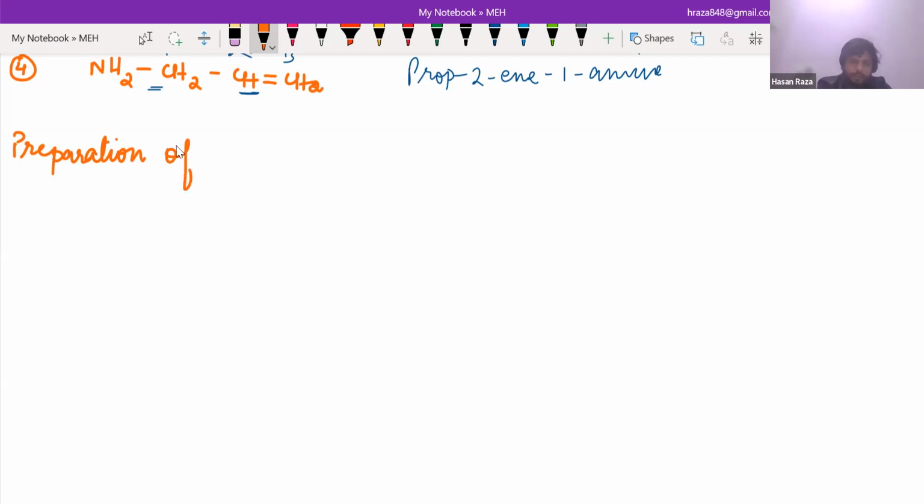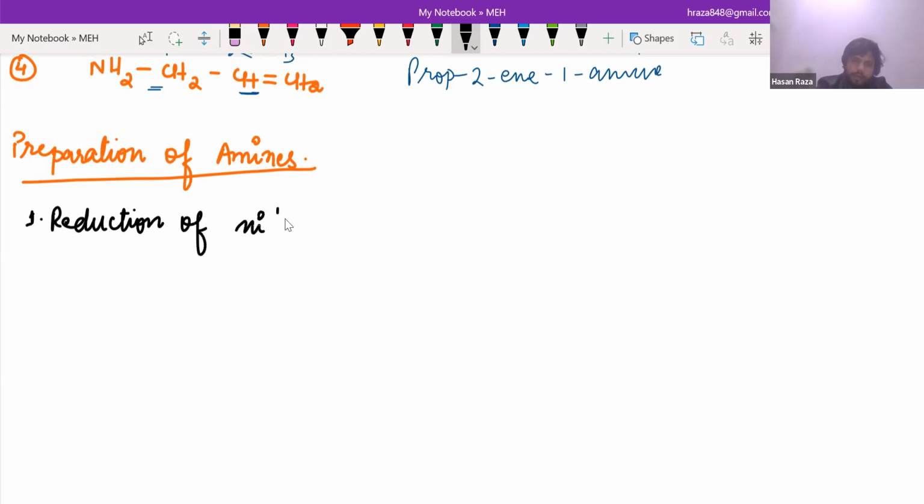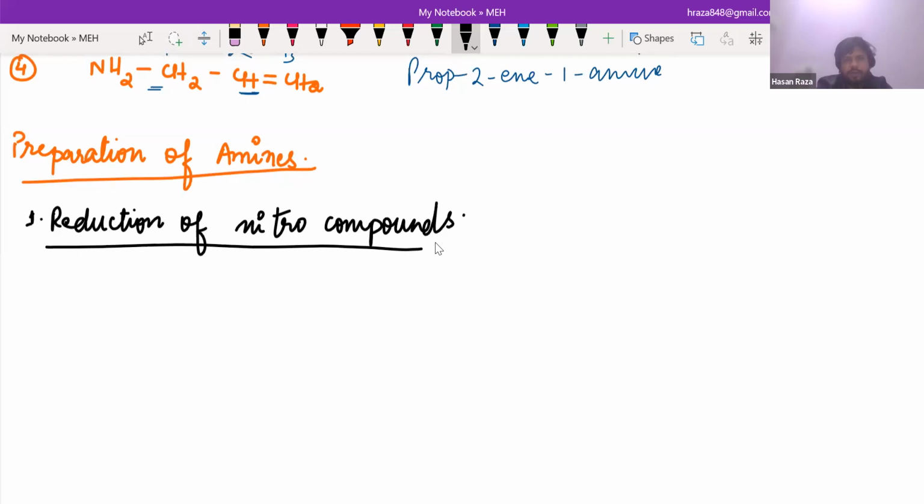Preparation of amines. Now see, the first one is reduction of nitro compounds. By reducing nitro compounds, you can easily prepare amines, and it's very easy to prepare.